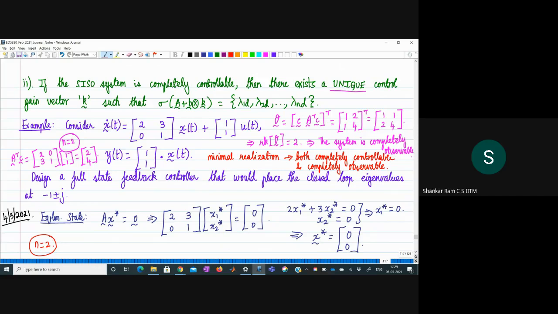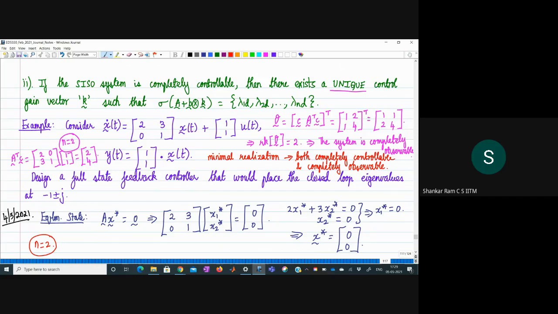For a non-minimal realization, the poles of the transfer function will be a subset of the eigenvalues of the state matrix. We saw pole zero cancellation a few classes back, where we had two eigenvalues but only one pole. That is an example of a non-minimal realization.